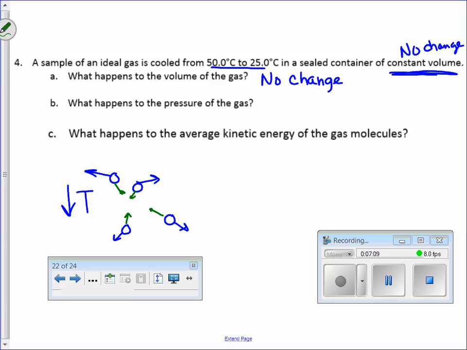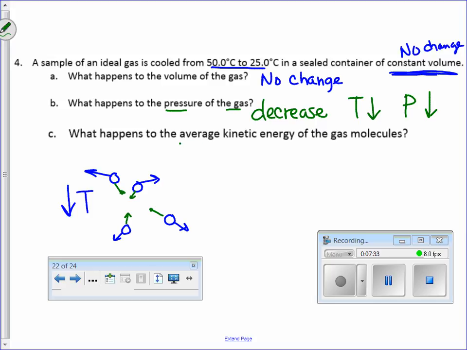And if they're not moving as fast, then that means the pressure of the gas is going to decrease. Because temperature and pressure are directly related. If one goes up, the other goes up. If one goes down, the other goes down.